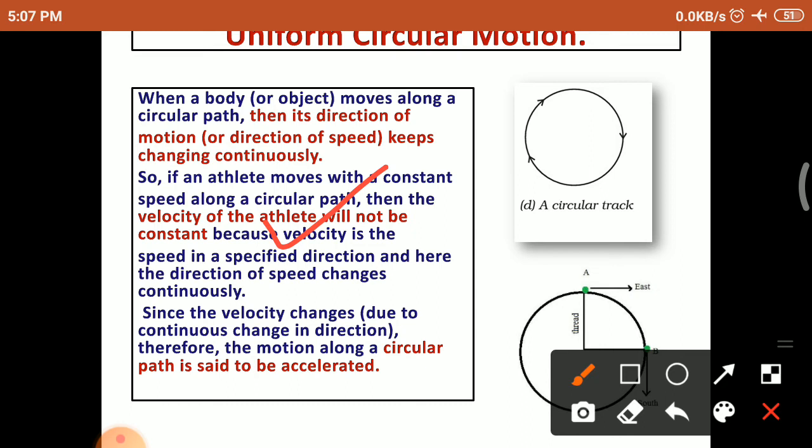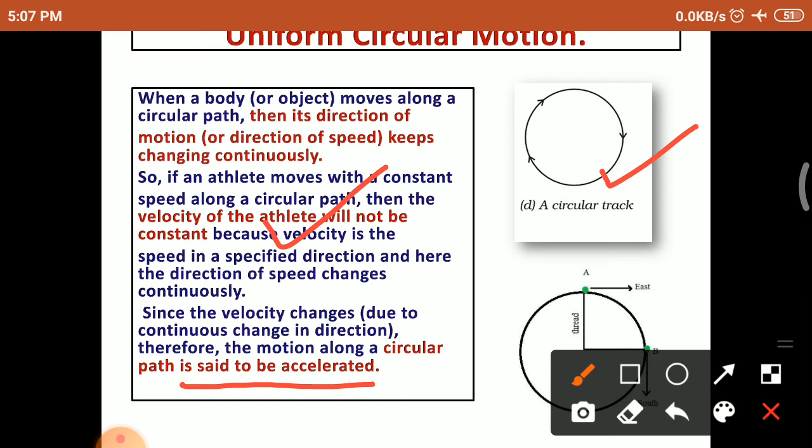When the velocity of the object changes, that means it is not constant, we can say that the object is accelerated. See the definition.